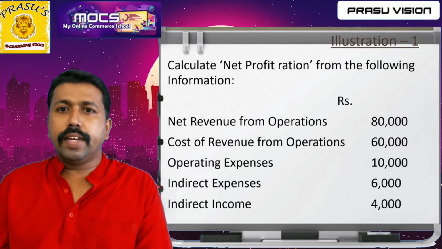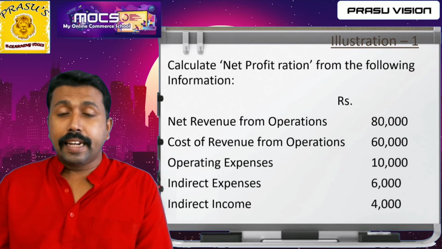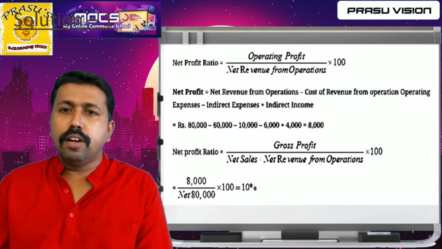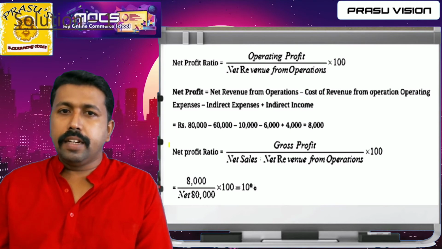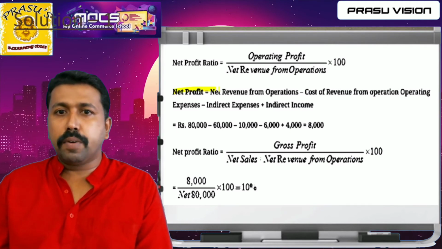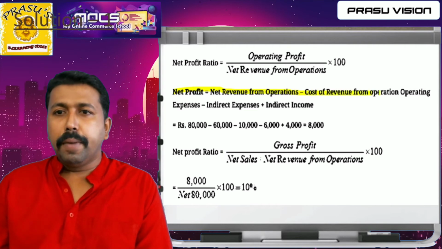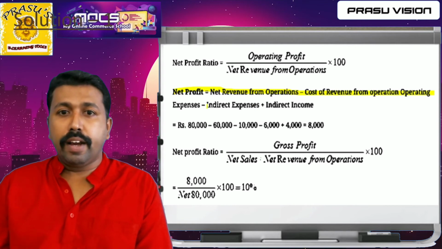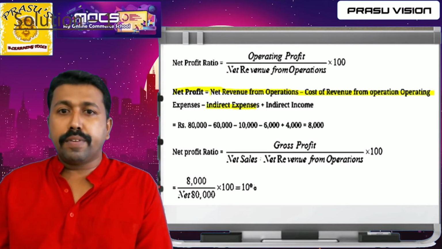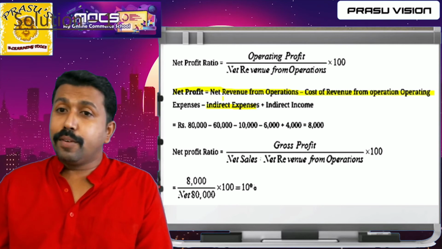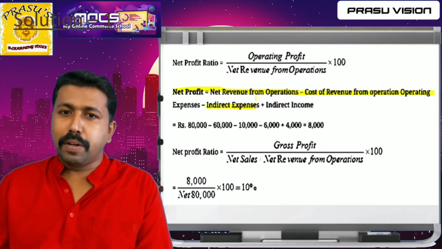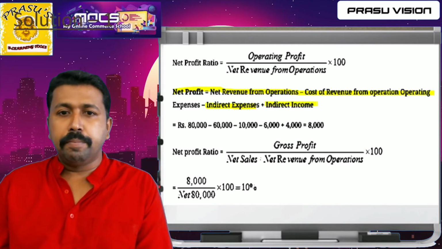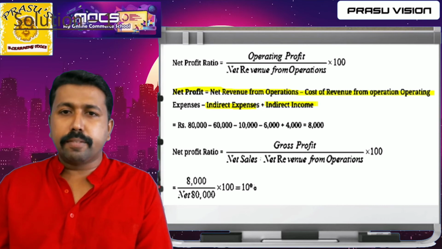From gross profit we are deducting the net indirect expenses and adding the indirect income to find out the value of net profit. So keep in mind the equation we can frame: net profit is equal to net revenue from operation minus cost of revenue from operation. And also we have to adjust the values of indirect expense, because the difference between net revenue and cost of revenue will be gross profit. From that we have to deduct the indirect expense and add the indirect income. No need to consider the operating expenses.